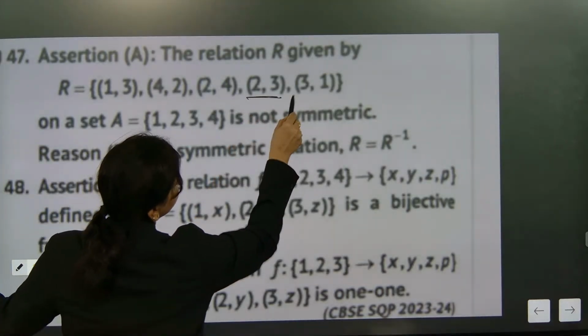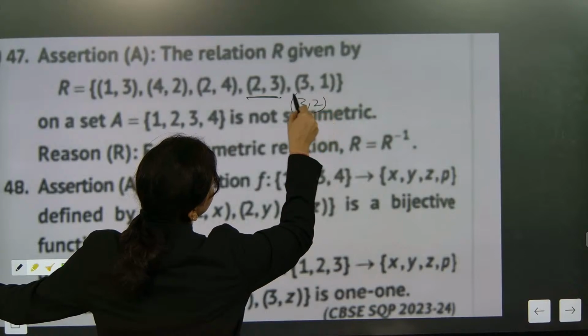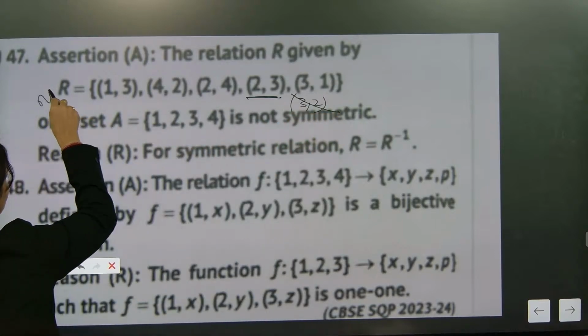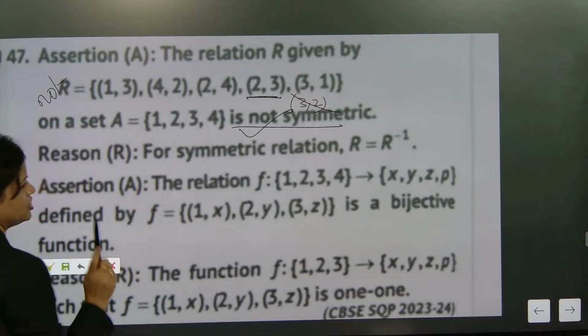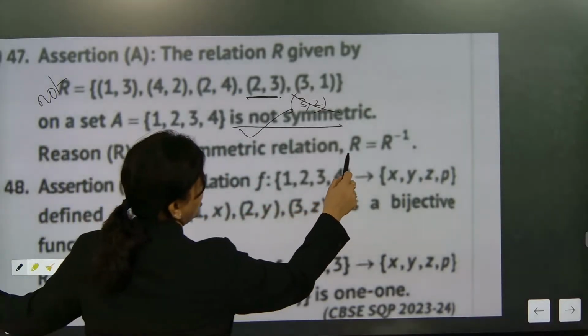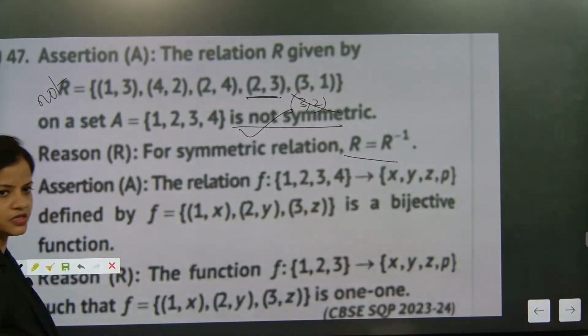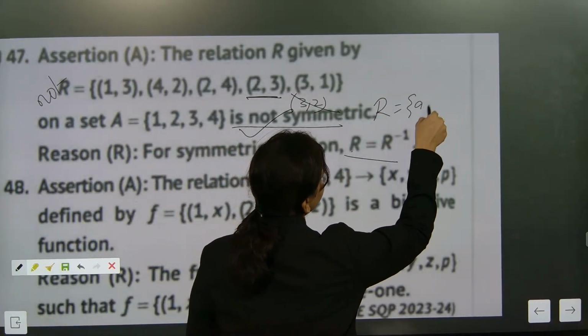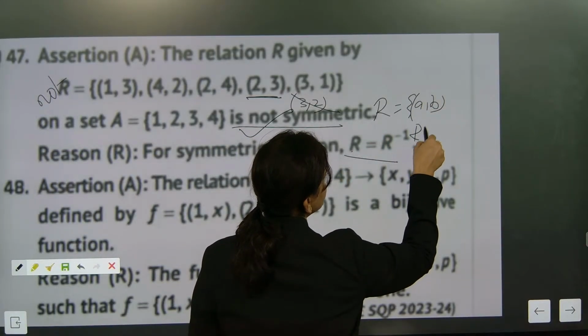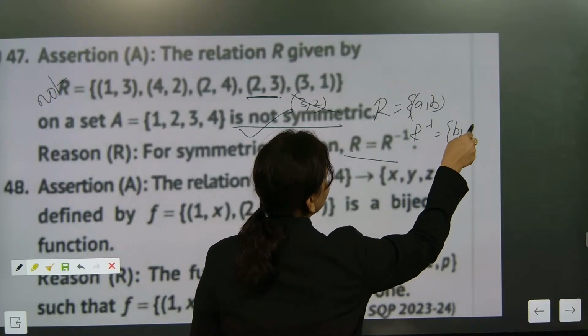Here (2,3) is there, but (3,2) is not there. So since it is not symmetric, this statement is a true statement. So the assertion is true. For a symmetric relation, R is equal to R inverse. Yes, if R has (a,b), then R inverse will have (b,a).